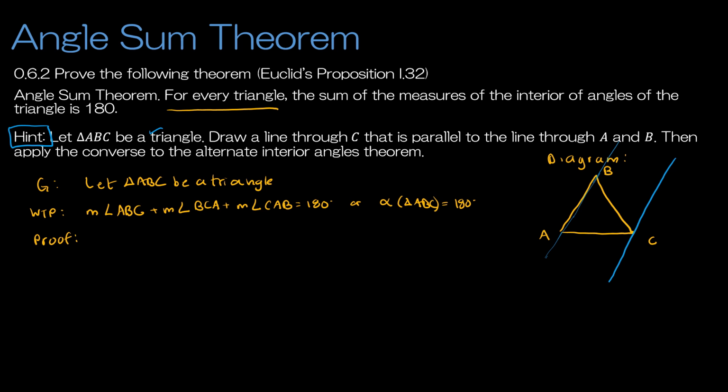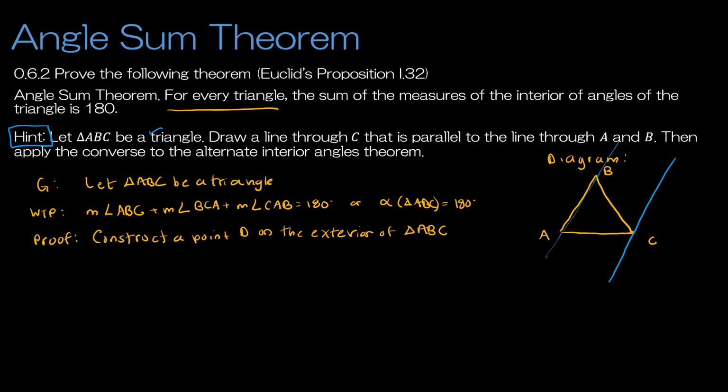So we're going to say construct a point D. And where is that point D going to be? Outside of the triangle, so on the exterior of triangle ABC. Now, any point D?